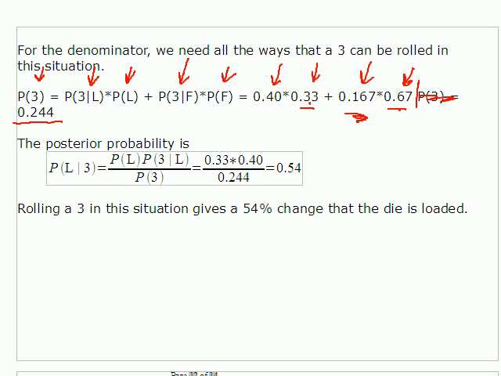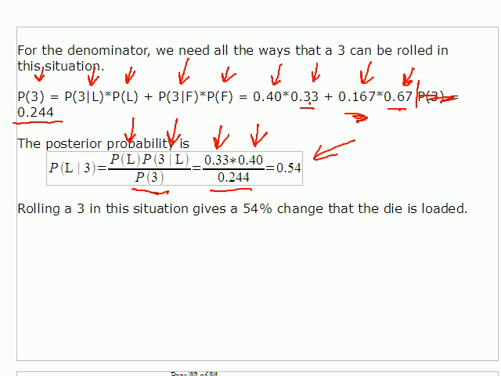But now I've got a different situation, because that loaded one would have given me the 3 quite a bit more easily than the fair. So here we go. Probability that it's loaded, only 1 in 3 is loaded, that gives me that probability. Probability a loaded die would have given a 3, 0.40, initial information. What's the probability I would have gotten a 3 anyway? 0.244.